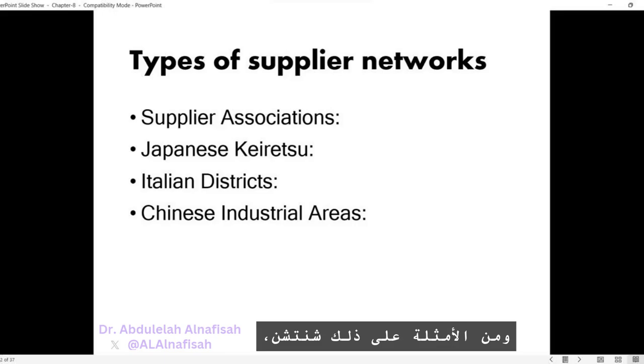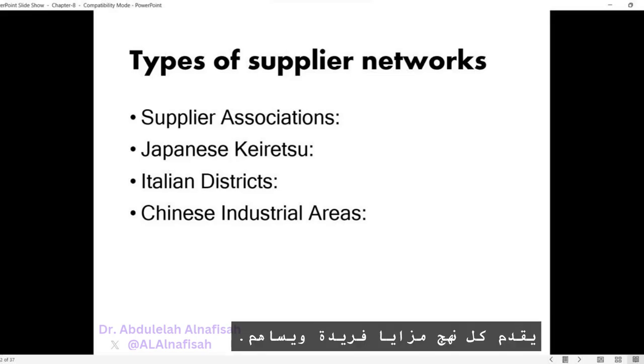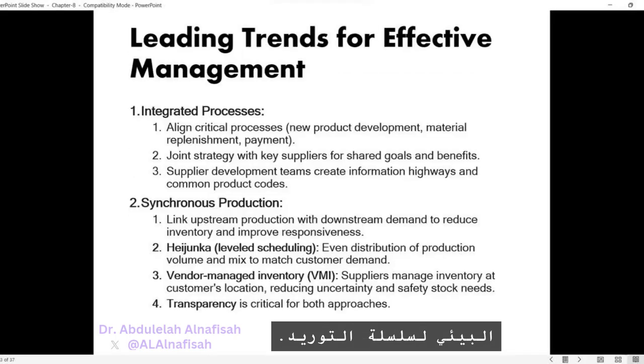Examples include Shenzhen, Pudong, and Tianjin. These different types of supplier networks showcase diverse strategies for organizing and optimizing supply chains in various regions and industries. Each approach offers unique advantages and contributes to the efficient functioning of the supply chain ecosystem.